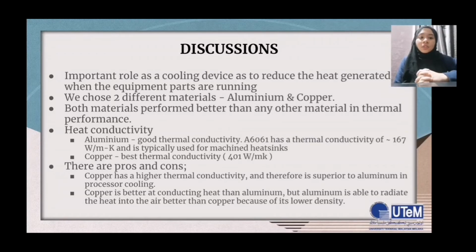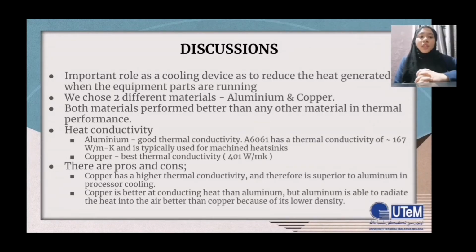Copper's high thermal conductivity means the temperature across the heat sink will be more uniform. This can be advantageous since the extremities of the heat sink will be warmer and thus radiate more effectively, and the hot spot attached to the thermal load will be cooler.